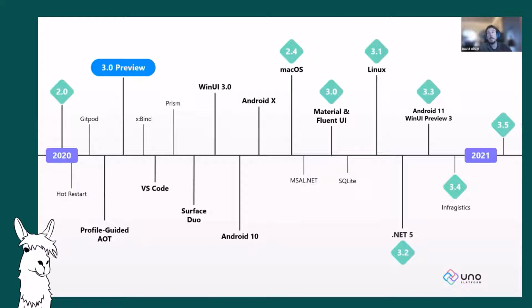We added with the Uno 3 release support for the Fluent UI and material design systems, and still going fast in 2021. We've just released the 3.5 release of Uno at the same time as the WinUI 3 Preview 4 was released.